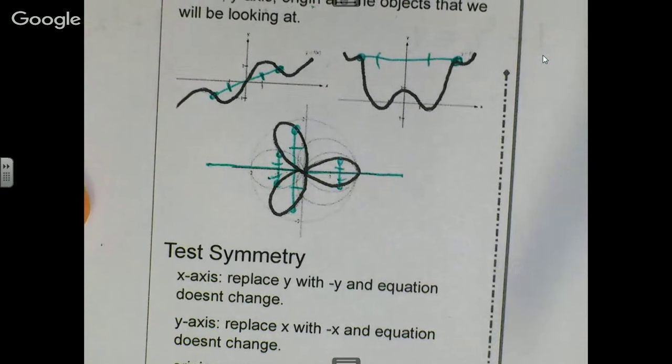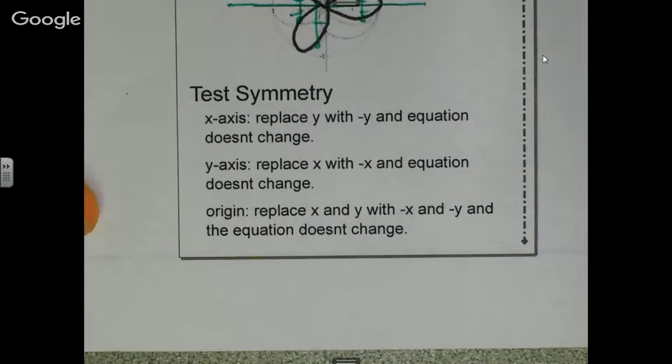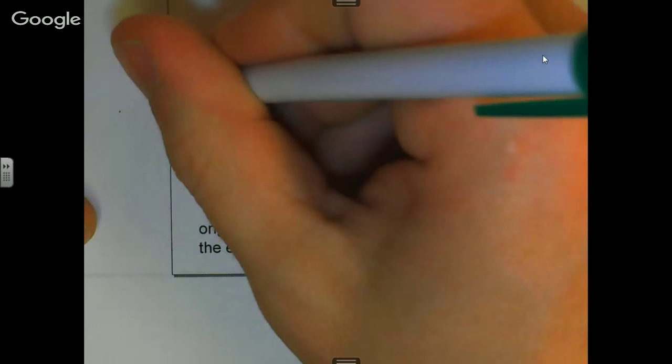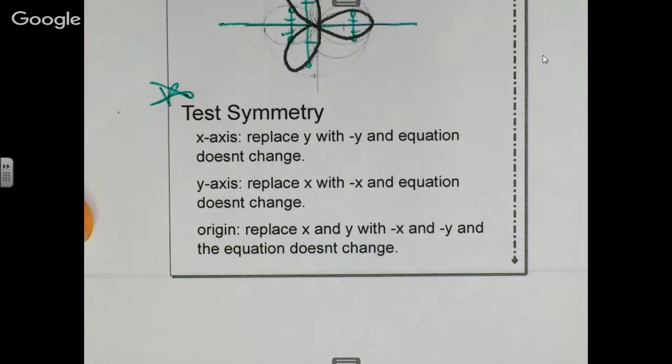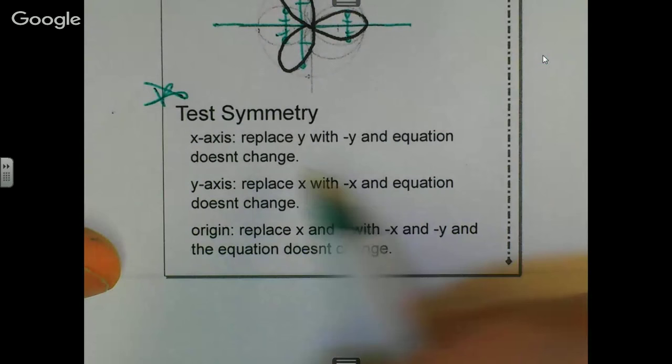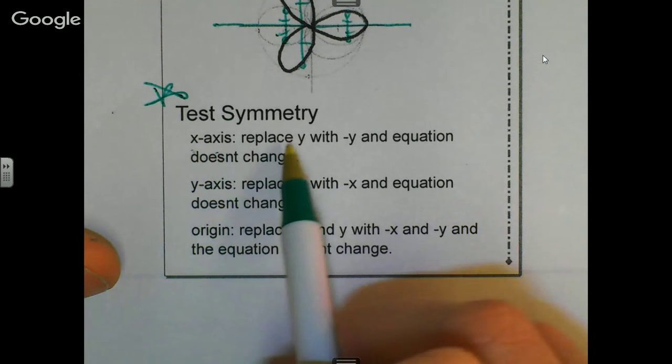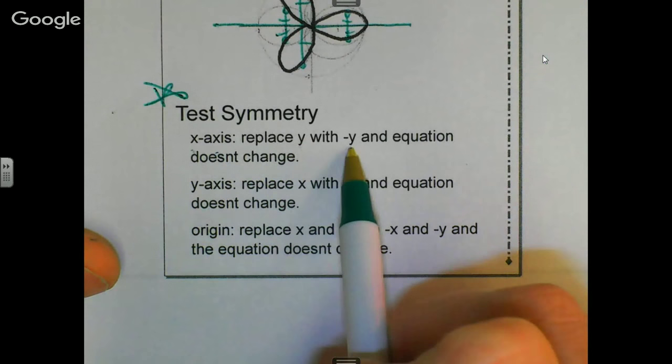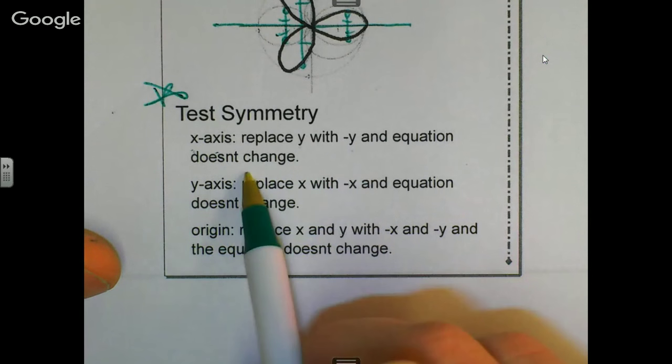Okay. So without the picture, how do I test for symmetry? You're going to want to know this, so note it. So x-axis symmetry: replace the y with negative y, and the equation doesn't change.